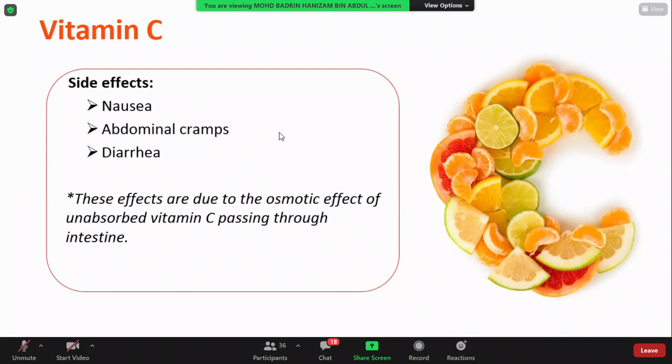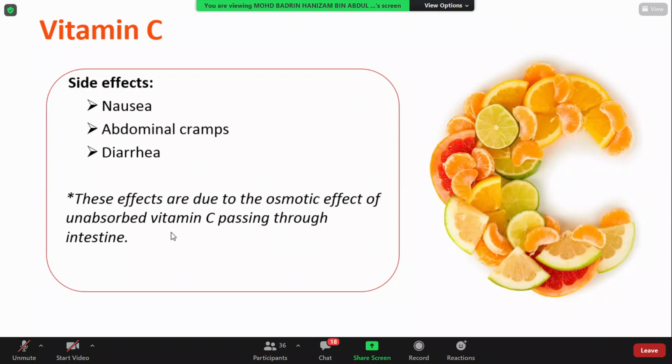Most of us got nausea and abdominal cramp because our body was not used to the high dose of vitamin C. After a while, when you keep taking it every day, up to now, about 2 years and a half of COVID, most of us do not have nausea and abdominal cramps anymore. For me, I take 2,000 milligram per day. Luckily, alhamdulillah, I don't have any of these side effects.